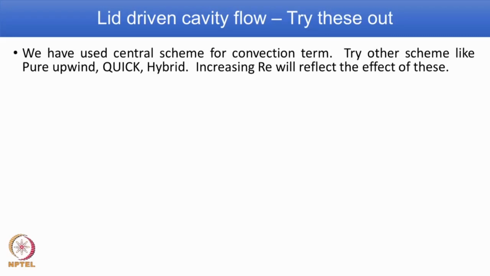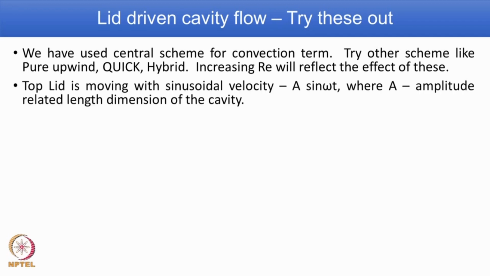Increasing the Reynolds number will have an effect on these schemes. Hence, you can try changing the code from the central differencing scheme to any one of these schemes and try increasing the Reynolds number to understand for yourself the behavior of these schemes for different Reynolds numbers for the same mesh.